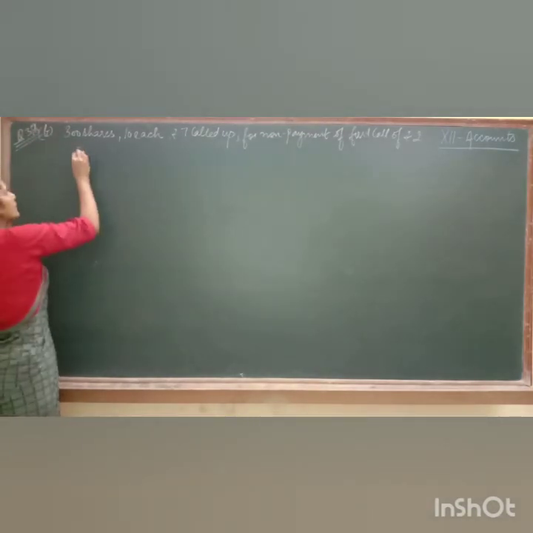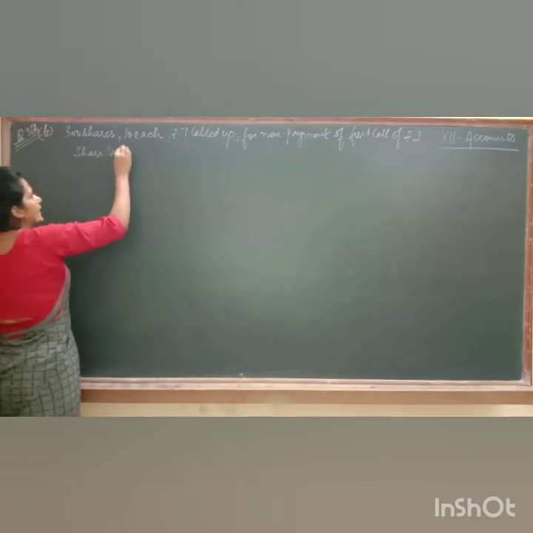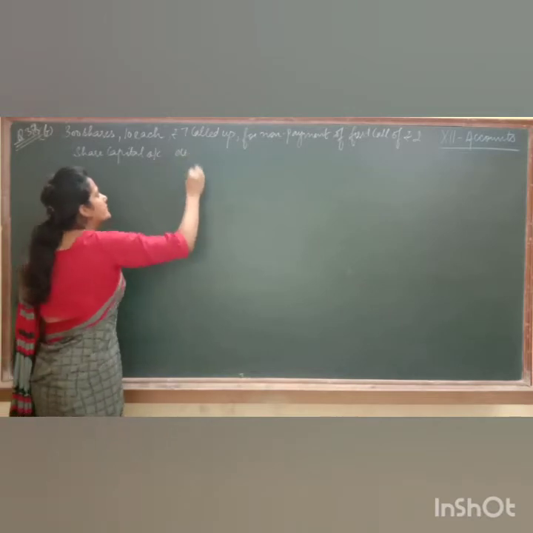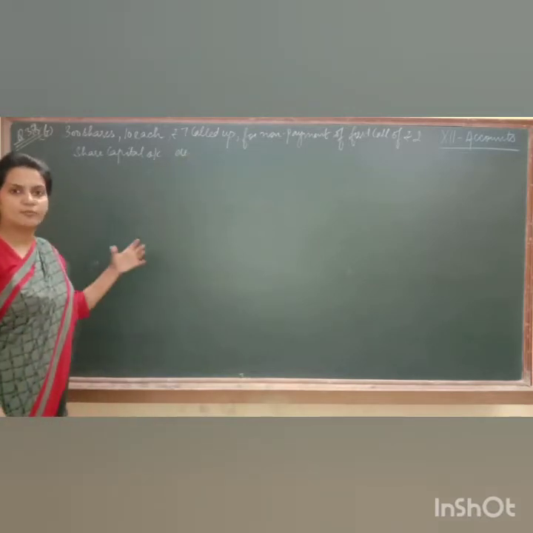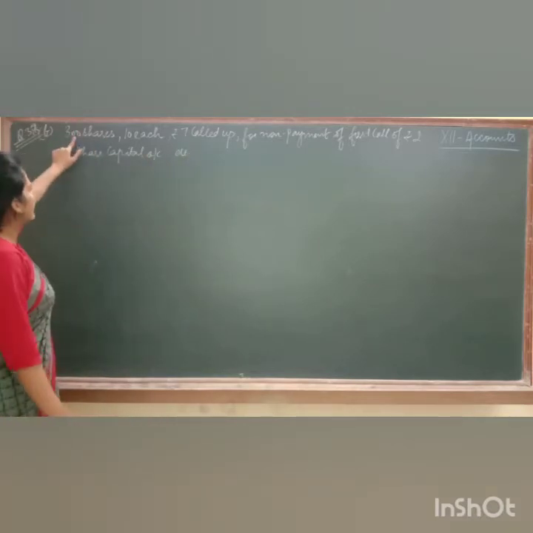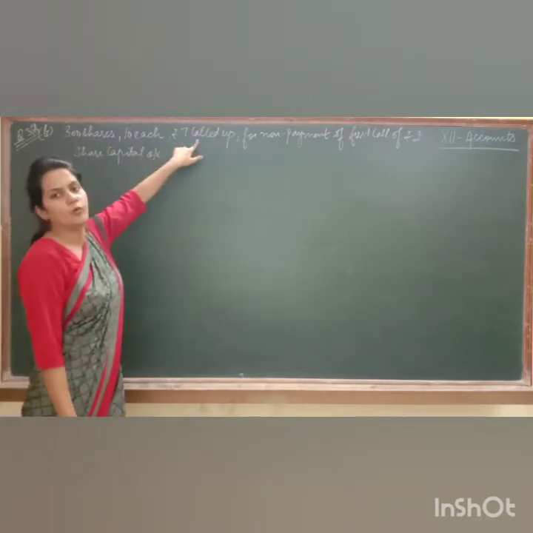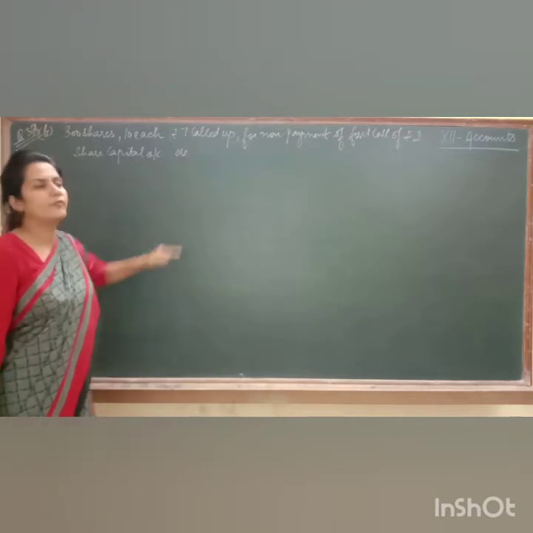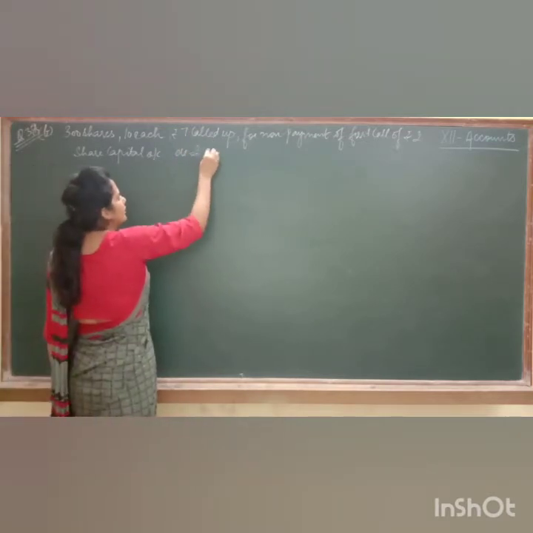So pass the entry. Share capital account will be debited as we are forfeiting the shares. So our capital will decrease, so we need to debit it. We have cancelled 300 shares, 7 called up. So the number of shares forfeited is to be multiplied with its called up value, that is 2100.